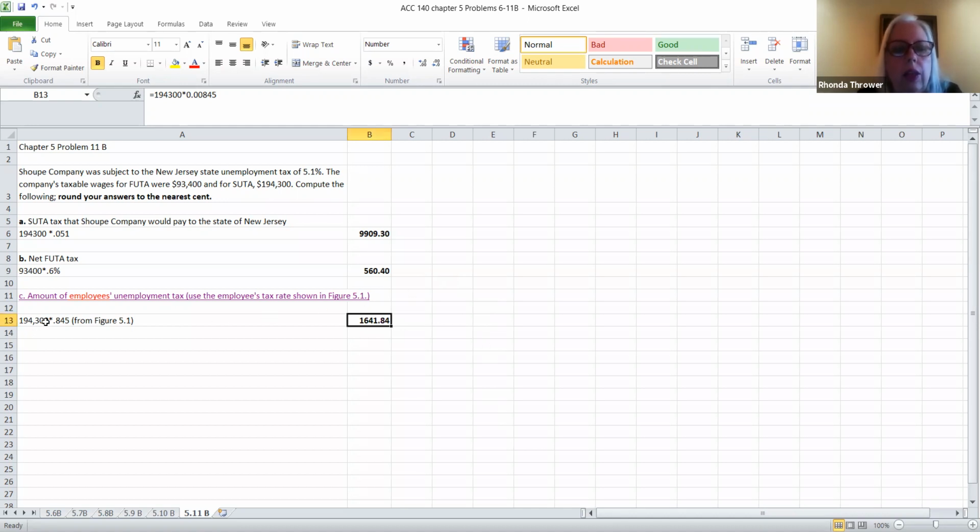And so the amount that was subject to SUTA was $194,300. We're going to have to multiply that by 0.845. And so this is the amount that the employee has to pay in SUTA taxes.